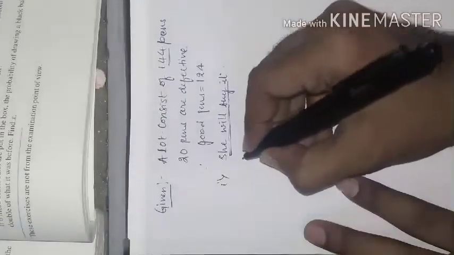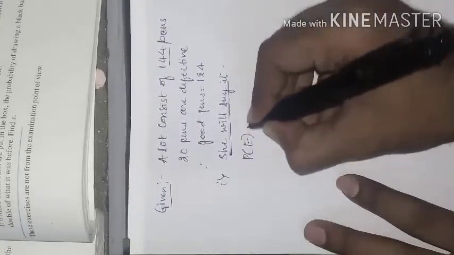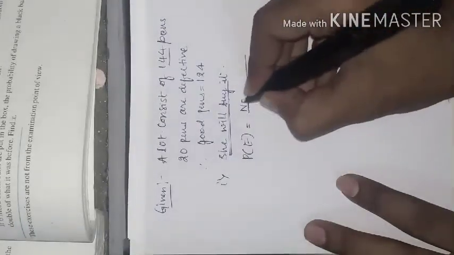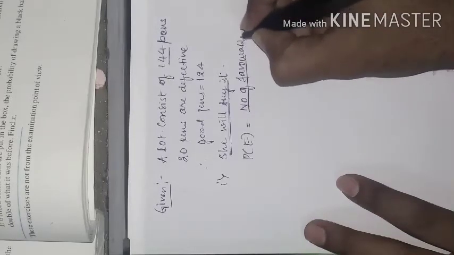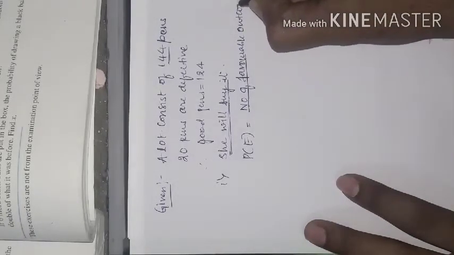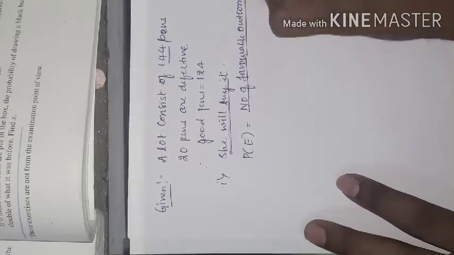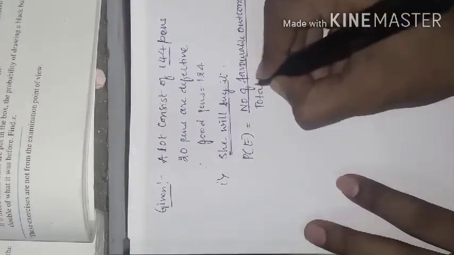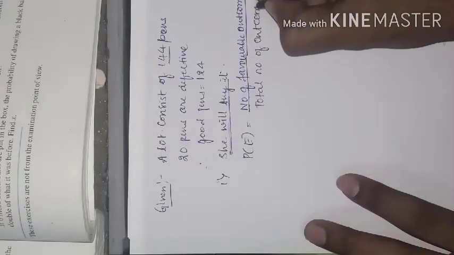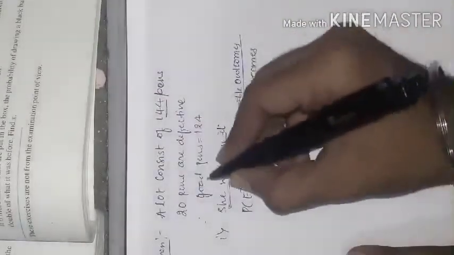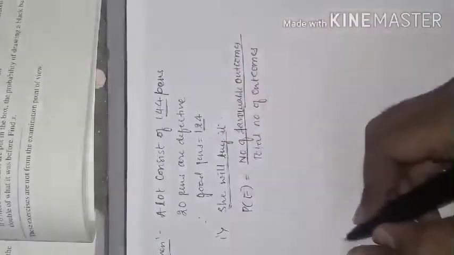Now we have the formula: probability of an event is equal to the number of favorable outcomes divided by the total number of outcomes. Good pens are how many? 124.